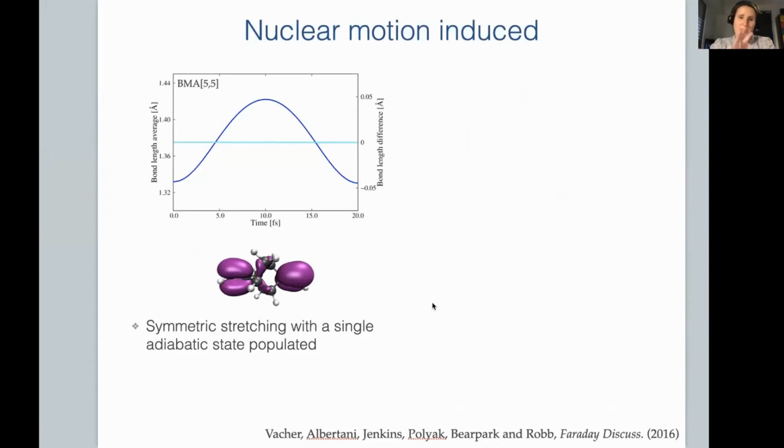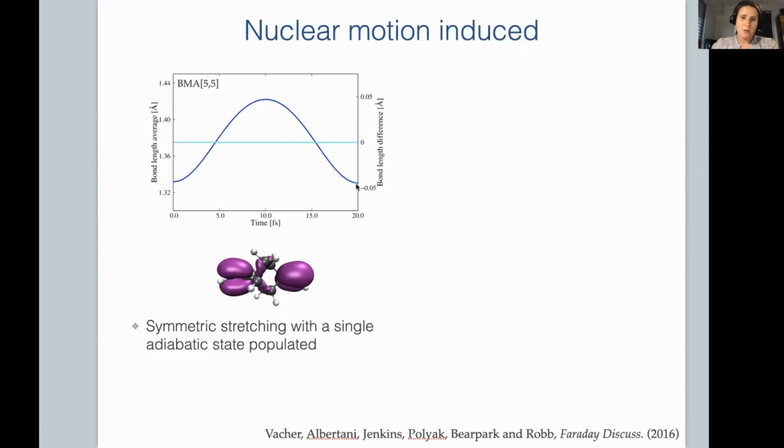And here I'm taking as a reference the nuclear motion that is induced by a single adiabatic state. So in BMA, if you populate only D0 or D1, for example, it corresponds to ionizing, removing an electron from this orbital, and the nuclear motion that is induced is a stretching of this carbon-carbon double bond as you remove an electron from a pi bonding orbital.